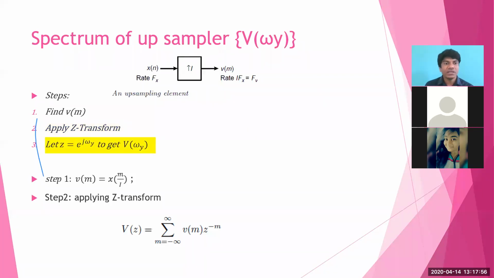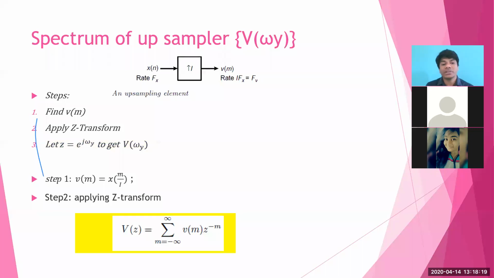And finally we have to get the DTFT, that's our real frequency domain. To get the DTFT, we have to replace z with e power j omega, omega x or omega y appropriately. We have to substitute to get the v of omega y.